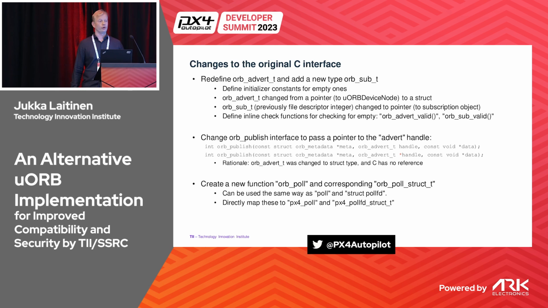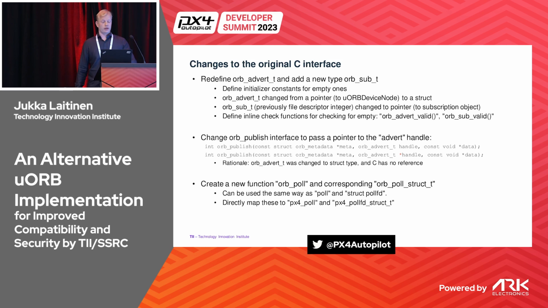And then we added a new type called uORB_sub_t. Previously, a subscription handle was just a file descriptor. So uORBs were accessed by opening a device node, opening a file and getting a file descriptor integer. But we needed that to be something else as well.